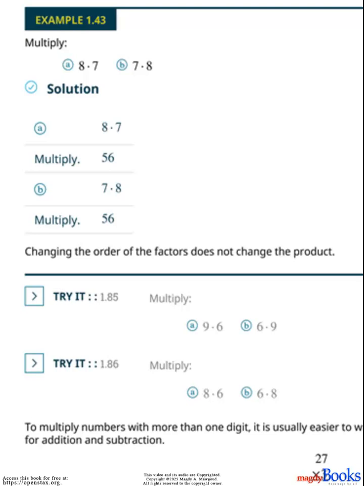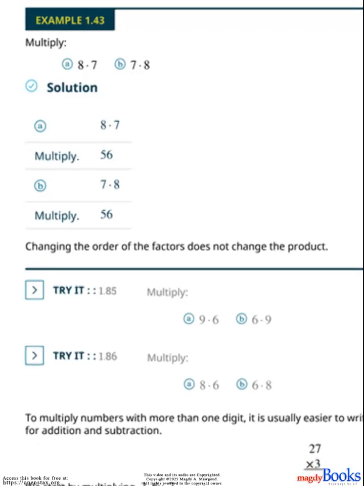Changing the order of the factors does not change the product. Try it 1.85. Multiply A. 9 · 6, B. 6 · 9. Try it 1.86. Multiply A. 8 · 6, B. 6 · 8.